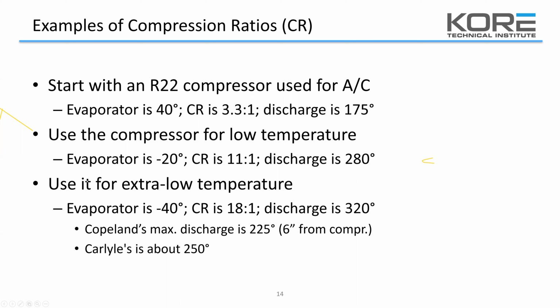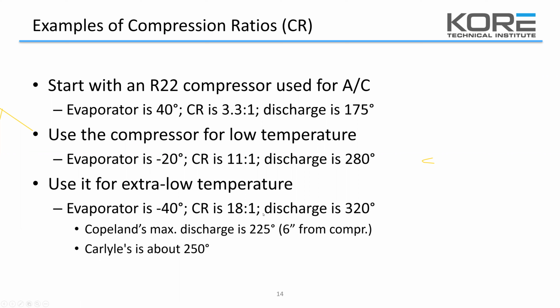That same compressor, if we go for ultra low temperature, where we're running minus 40, we end up with an 18 to 1 compression ratio, where our discharge temperature can reach 320 degrees. Copeland's maximum discharge pressure measured 6 inches from the compressor is around 225.